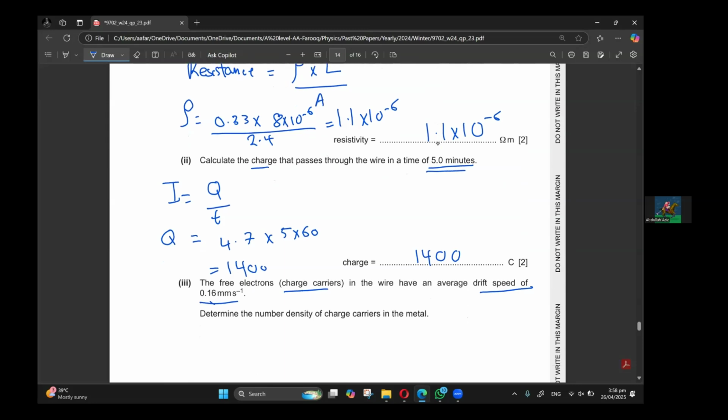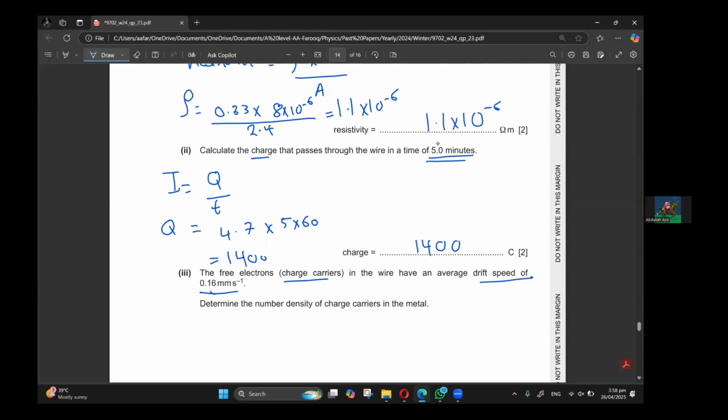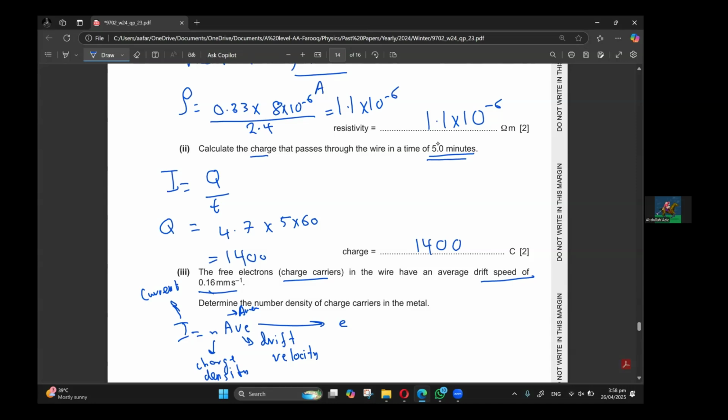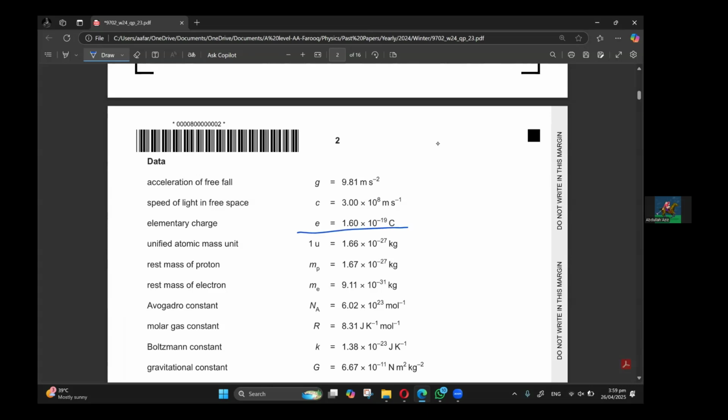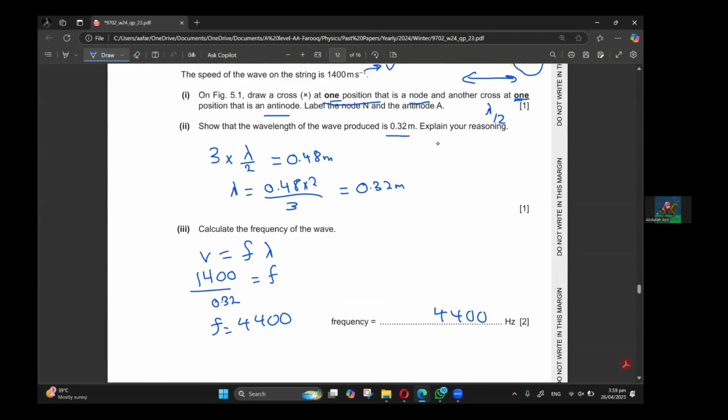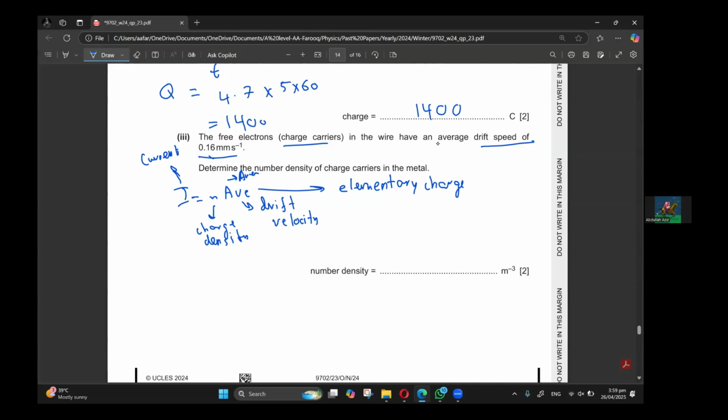Given this, to find the number density of charges in the metal, we will use the equation I is equal to nAvE, where I is current, n is charge density, A is area, v is drift velocity, and E is the elementary charge, which is given in the formulas at the beginning. We need to find the charge density.